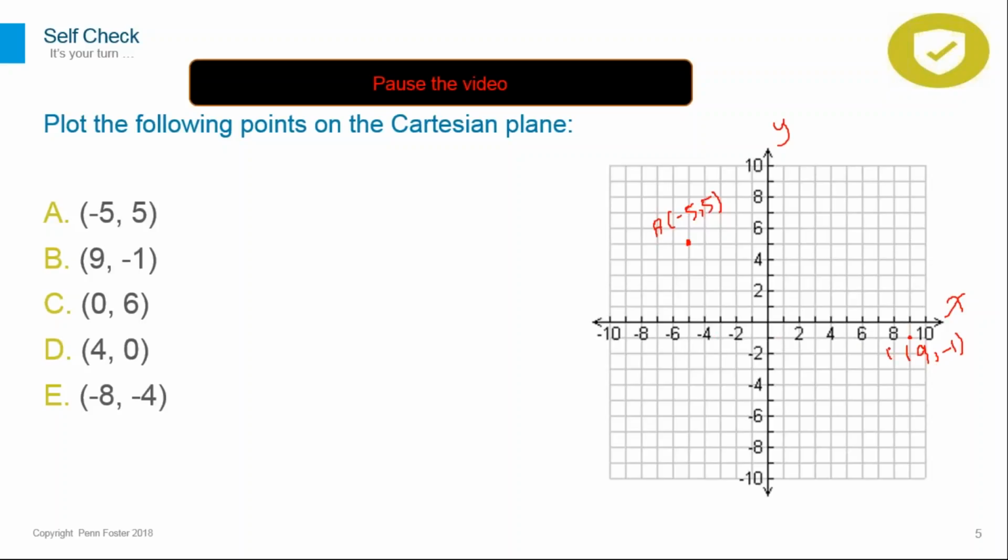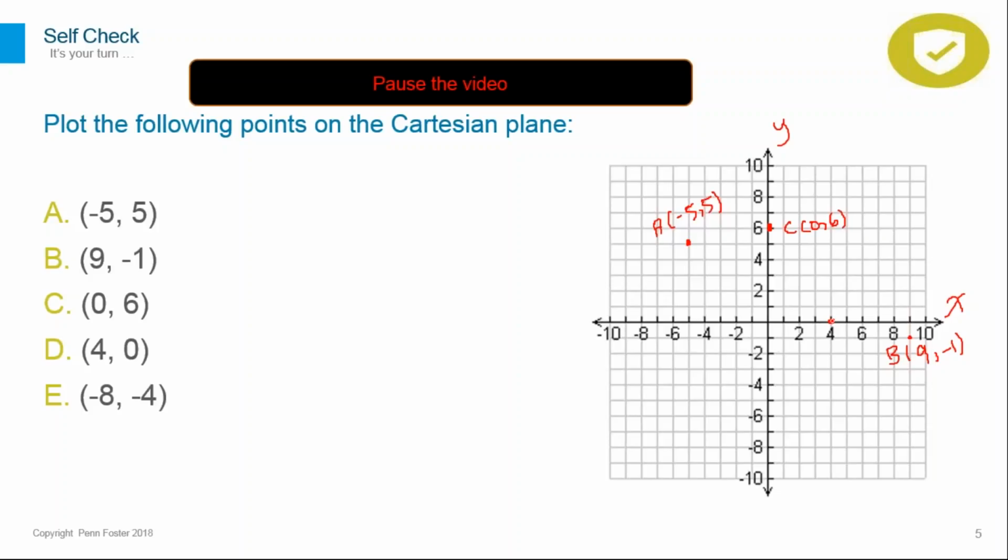C, that was the B. C, 0 and 6. Well, x is 0, so we're going to start at the origin and then go up 6 units, and that will make us label this point as C, 0 and 6. D, 4 and 0. So 4, we start with the x-axis always. The first number is the x coordinate, so 4 is here, and do not go up or down.